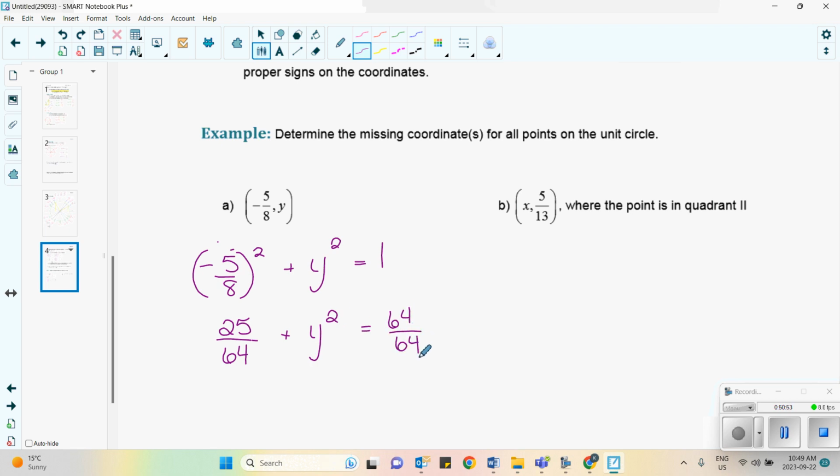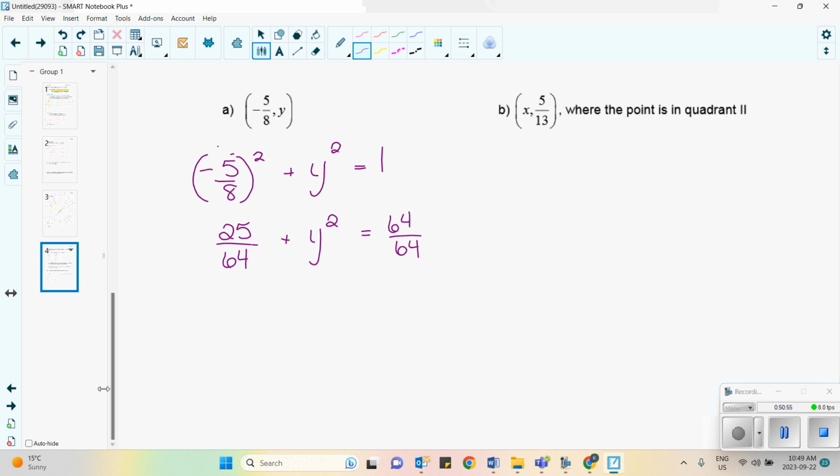So this one makes more sense. So what's left here? Well, what's 8 times 8? That's 64. Okay, what's 64 minus 25? 39?